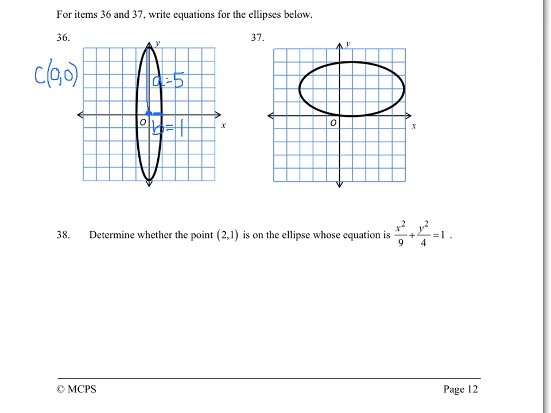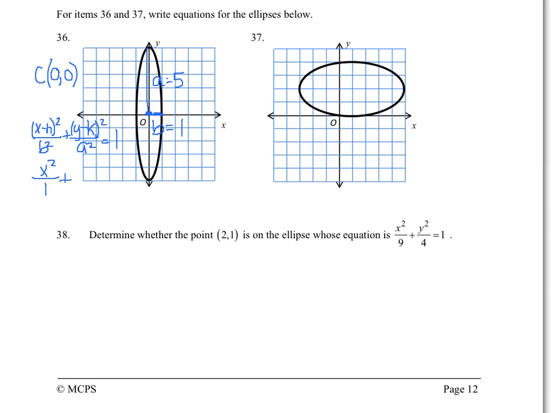So because this is a vertical ellipse, I'm going to have the equation of the form x minus h squared over b squared plus y minus k squared over a squared equals 1. X minus 0 is x, so I'm going to have x squared over b, which is 1. 1 squared is 1.